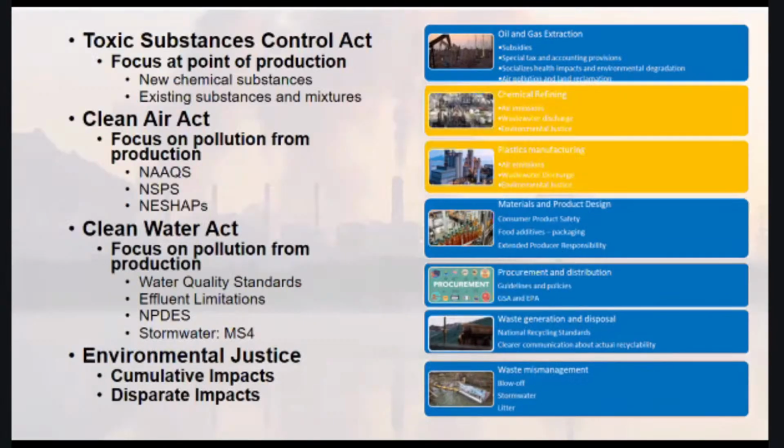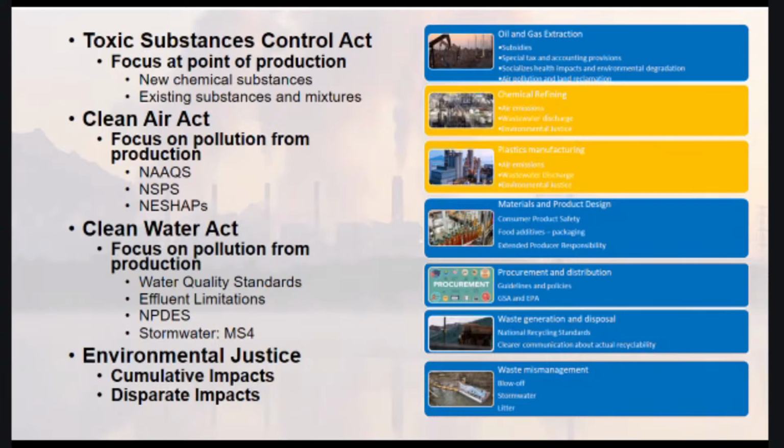But if we go backwards a little bit after oil and gas production or extraction and think about the chemical refining process and the plastics manufacturing process, we see that we have a lot of existing authorities already in federal law. Now, I'm not going to be able to go over all of those in the interest of time, but I will commend to you a recent report from the Environmental Law Institute that gives a comprehensive view of those different federal authorities with scores of different laws that could be used to address different aspects of this problem.